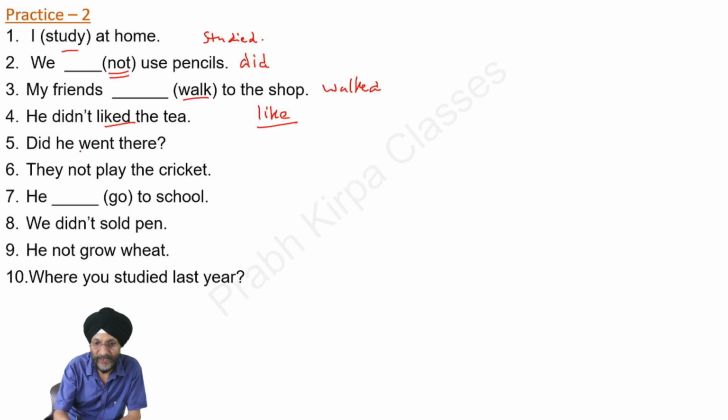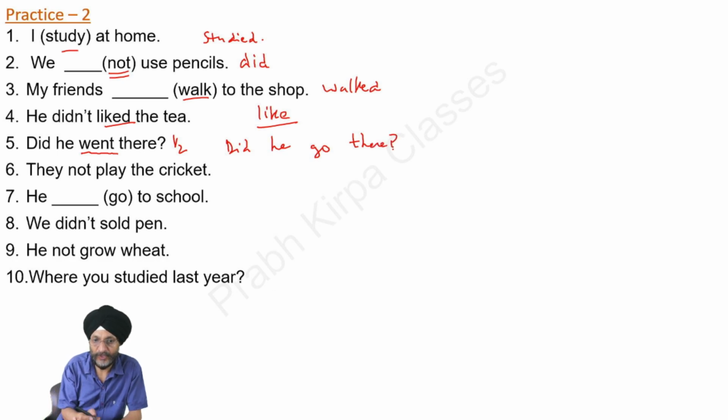Next, did he went there? You will see that here in the sentence, went is the second form of the verb. And in the case of an interrogative sentence, a question mark sentence, we have to use the first form of the verb. So we will write it as did he go there?